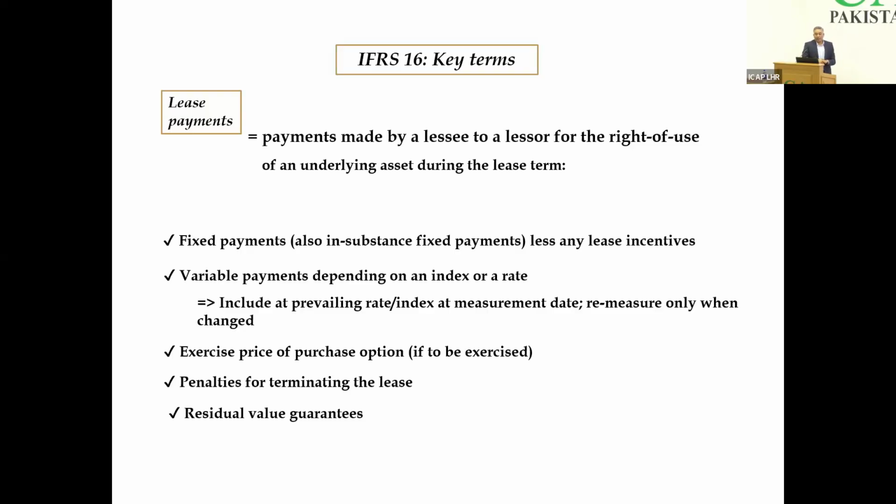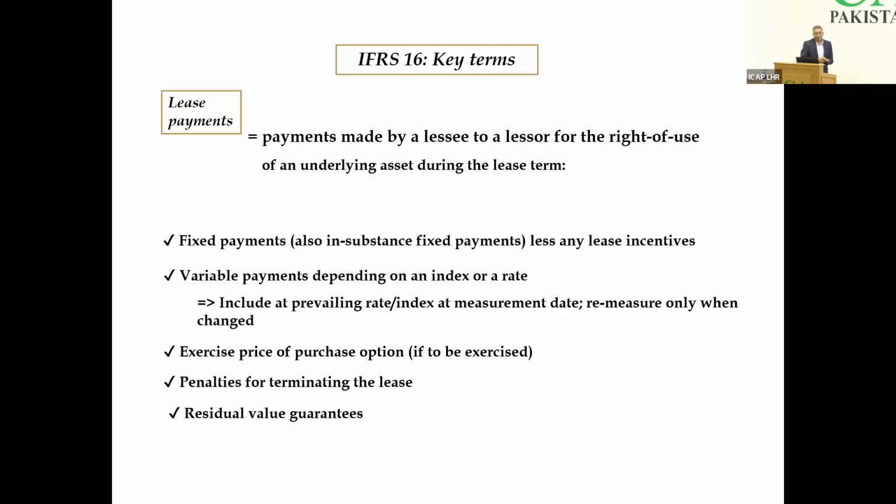And then the exercise price of a purchase option. Sometimes the lessor gives the lessee the right to purchase the asset at the end of the lease term, then the bargain purchase price will also be part of the lease payment, but only if it is reasonably certain that the lessee will avail this bargain purchase option. Again, we have identified the different circumstances under which we can assume that the lessee will avail this option.